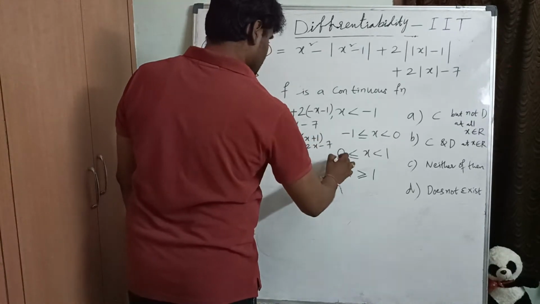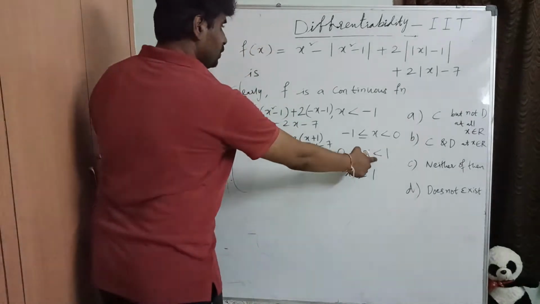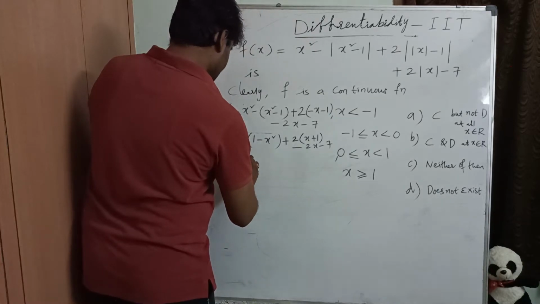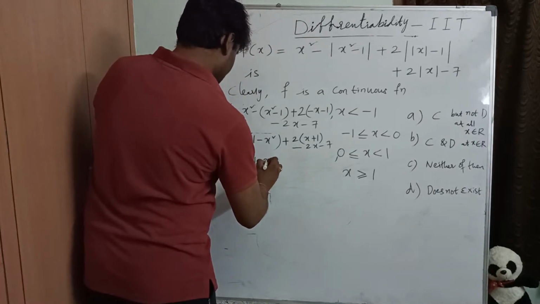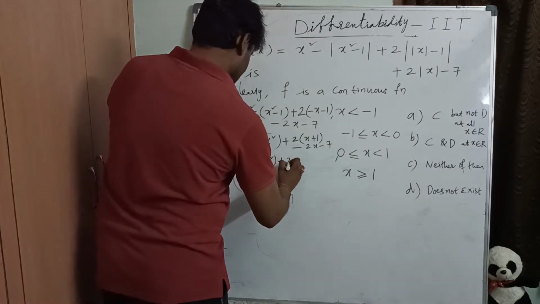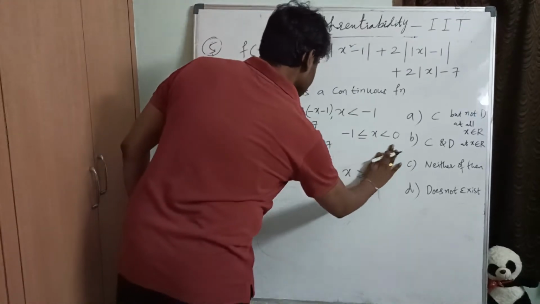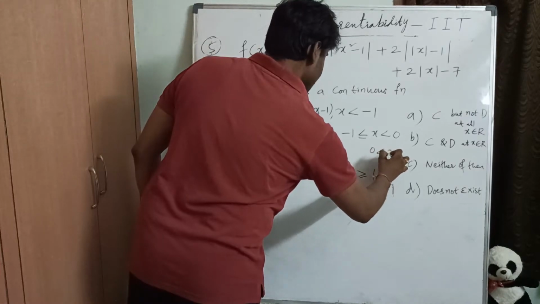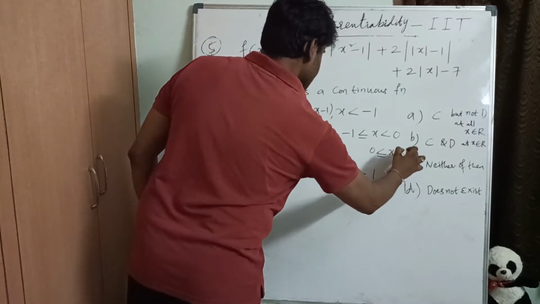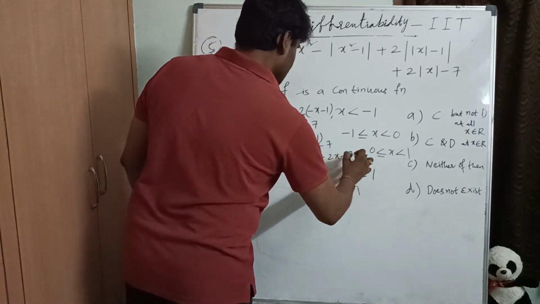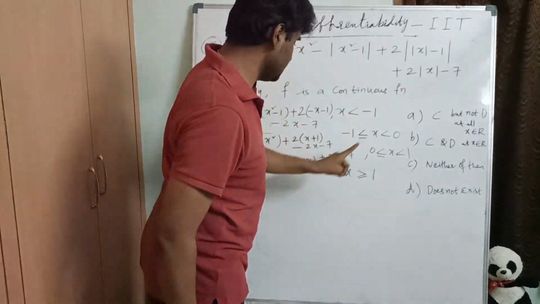Now for 0 to 1, there is no change in sign, it will be positive only. x square minus of the same 1 minus x square, plus 2 into 1 minus x, plus 2x minus 7, because for 0 point something, mod x is plus x only.